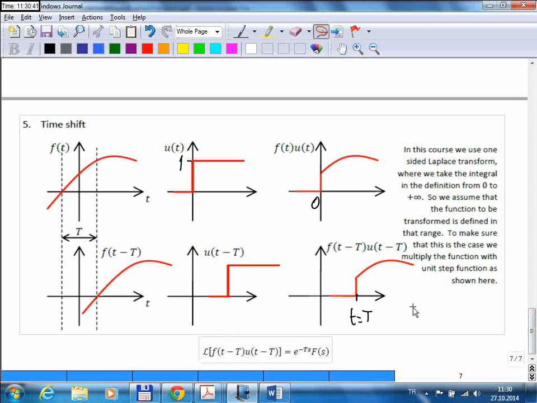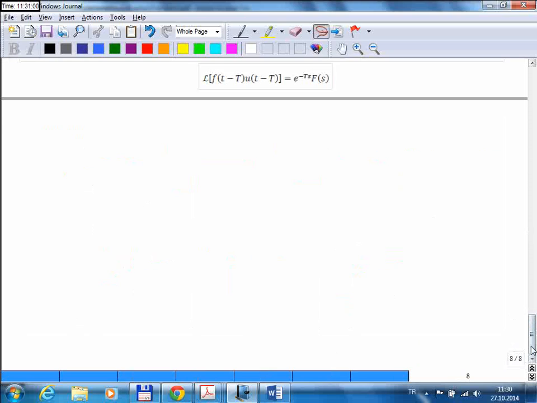So if you take any function and shift it by some constant time, that constant time amount shows up as an exponential term in the transformation. Again, we can use this property in shifting any function.